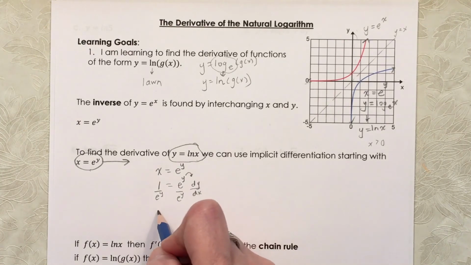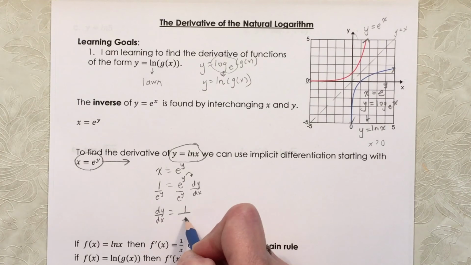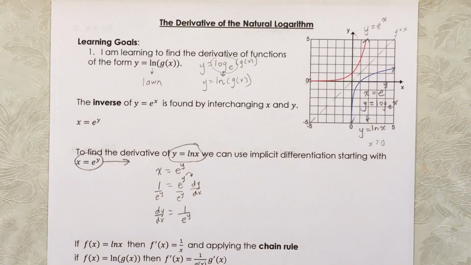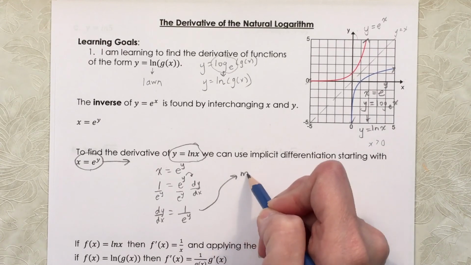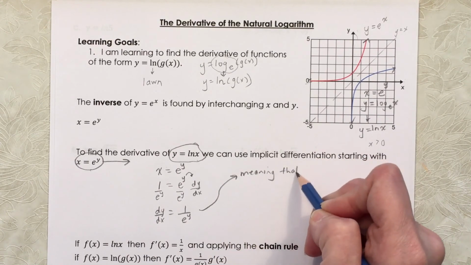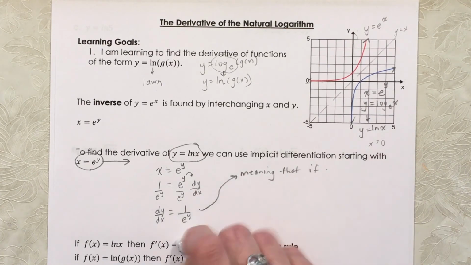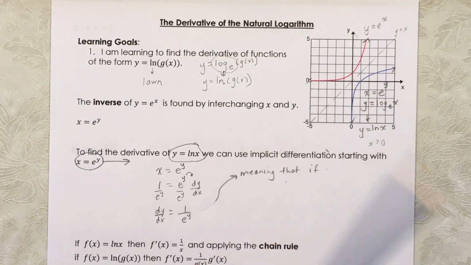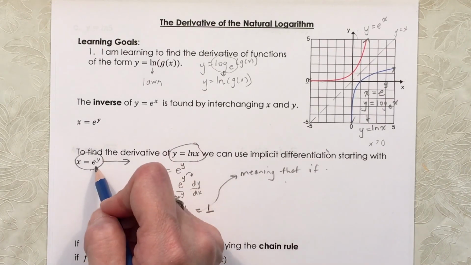And then we would get dy by dx is 1 over e to the y. Okay, meaning that if y equals... oh sorry, forgot something important here.